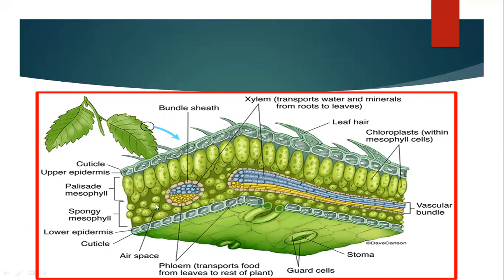These are irregularly arranged cells interrupted by air spaces. These air spaces help the diffusion of water, carbon dioxide, and oxygen through it. And here is the stomata, surrounded by guard cells that control the opening of the stomata. Remember this because we will go back to this picture later on.